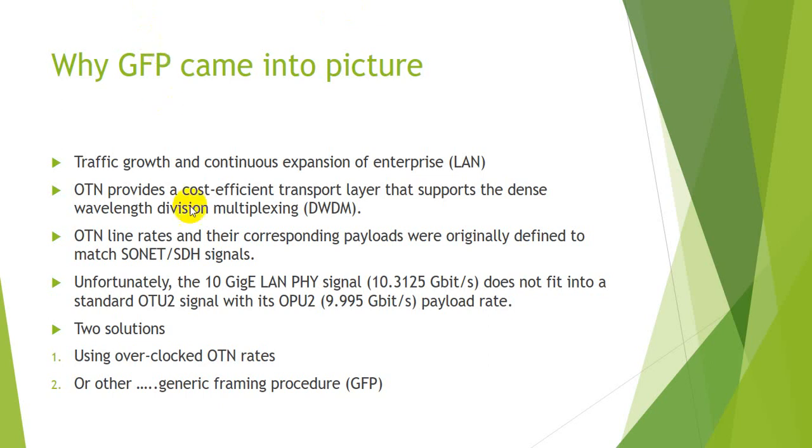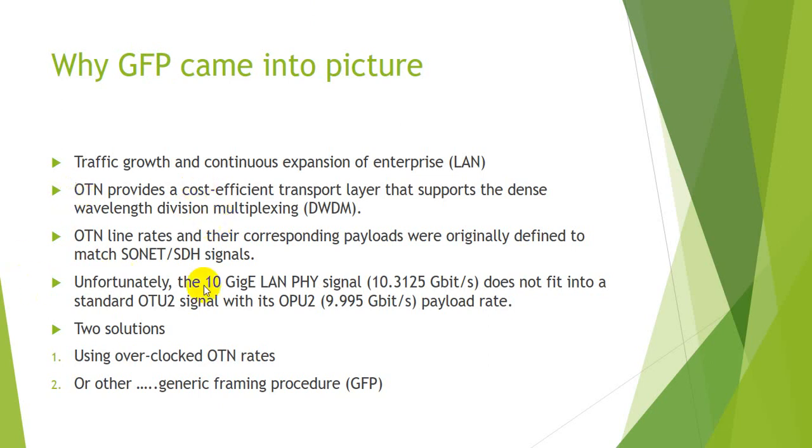So OTN line rates are different from the LAN which is growing for enterprise networks. There is always a problem of mapping one technology to another, and in this case the data rate of the transport was lower.